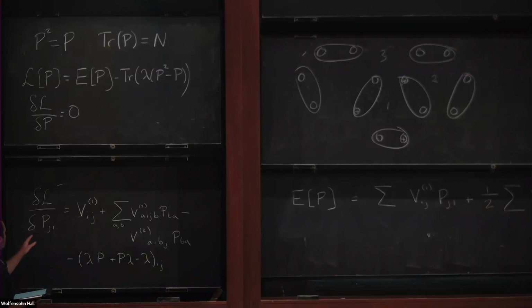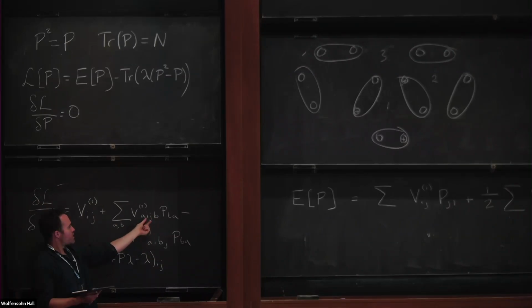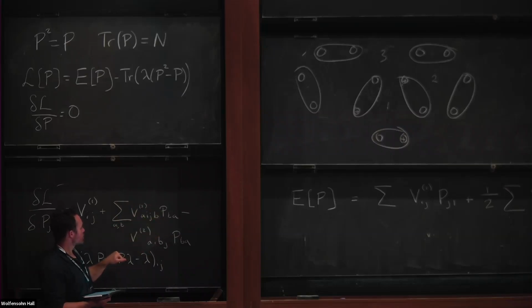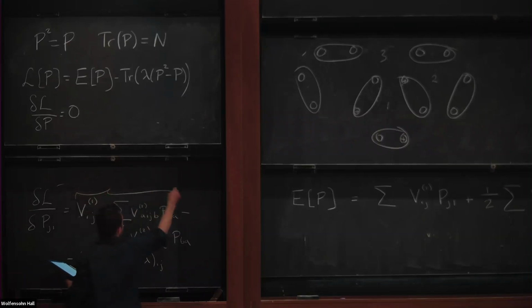Okay, so the right way to think about this is dL/dP defines a matrix. Part of the matrix is obvious. It's a single particle Hamiltonian. This part defines a matrix in the ij space, but the matrix is actually a linear functional of P. The A, B are summed over here. This combination, these three terms together, is what we call the Hartree-Fock Hamiltonian.